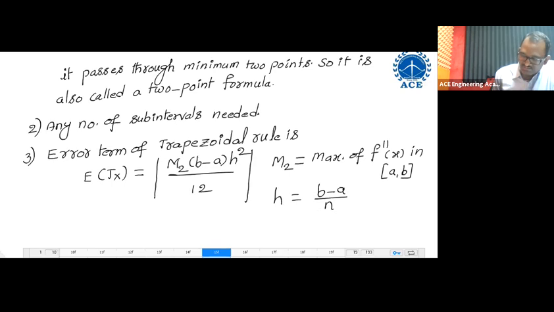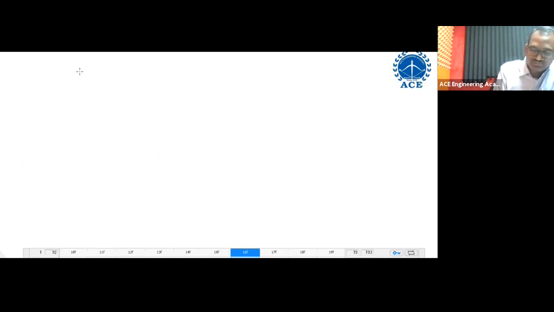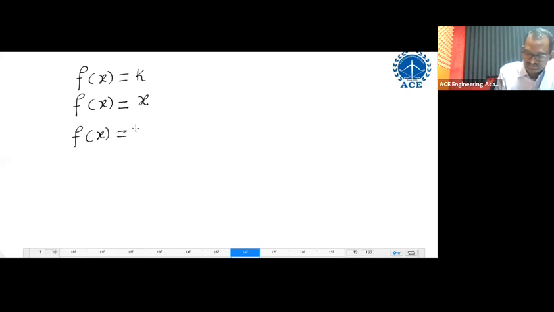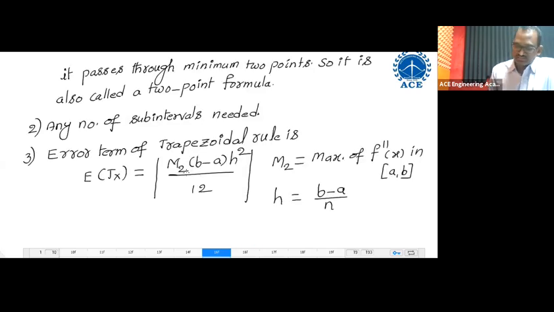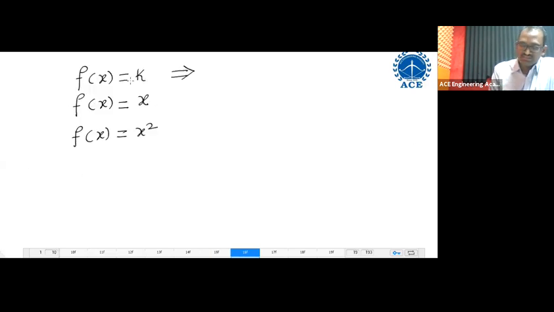One minute, everyone listen to me. F of X is equal to K. F of X is equal to X. F of X is X square. Look here, everyone. The error term contains M2, right? M2 means the maximum of F double dash X. What is F double dash of X for K? 0.